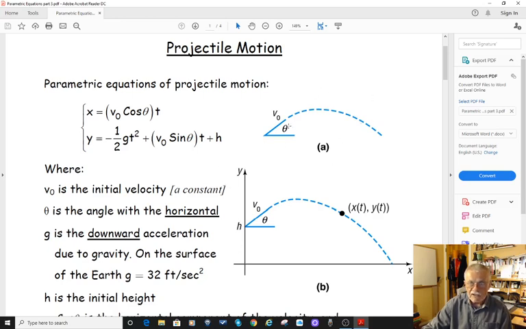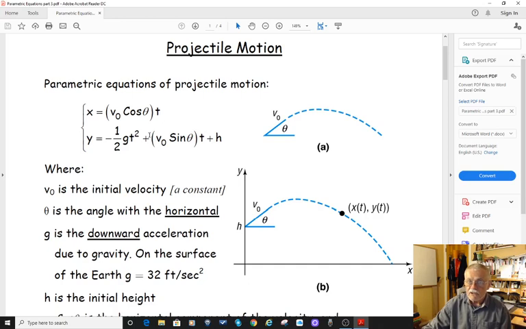I hope you can see this diagram is part of the more general diagram. So the y value, the vertical, depends on the initial height that we start at. It's also dependent on rate times time, which is distance. So this is the vertical component of the velocity times the time.